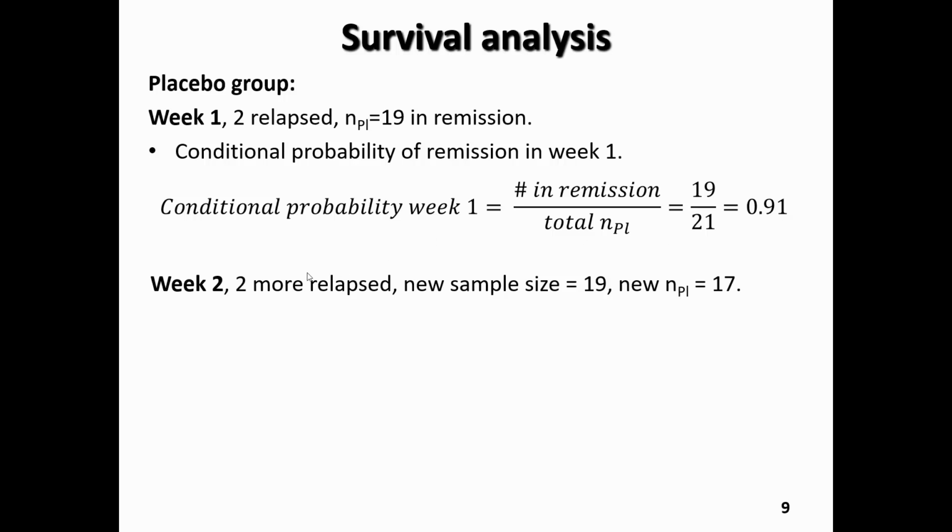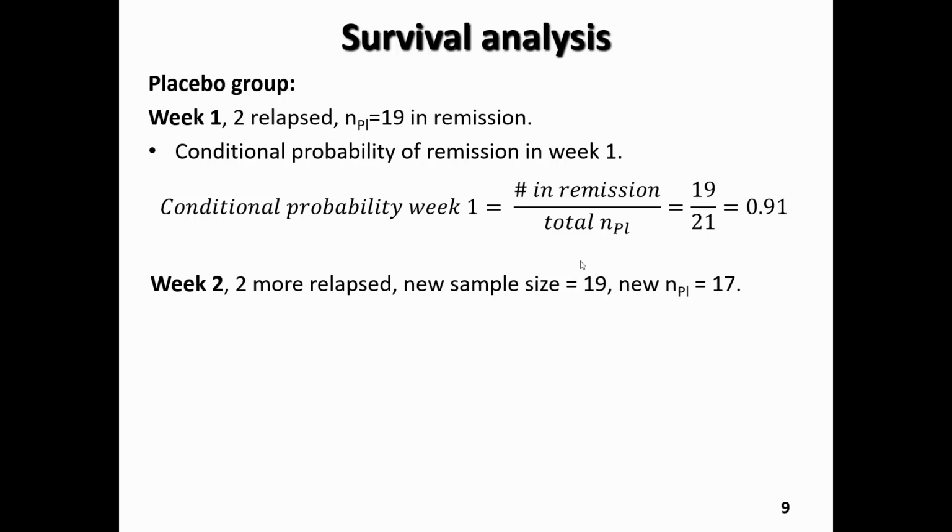Moving on to week 2, we find in the placebo group 2 more patients had relapsed, that had experienced the event. So now we have a new sample size. The new sample size is the total number in week 2 that are still in remission.